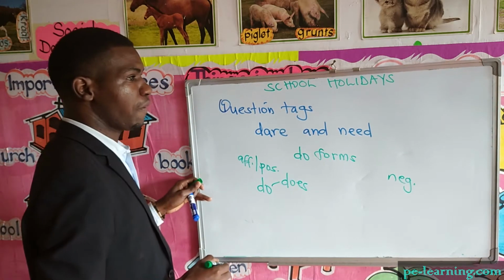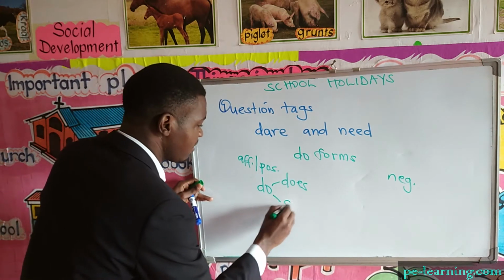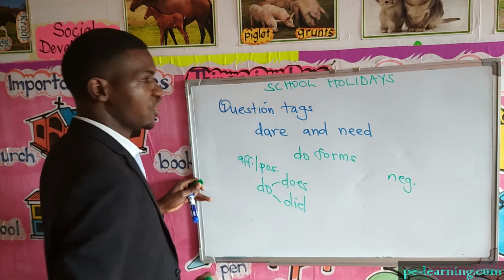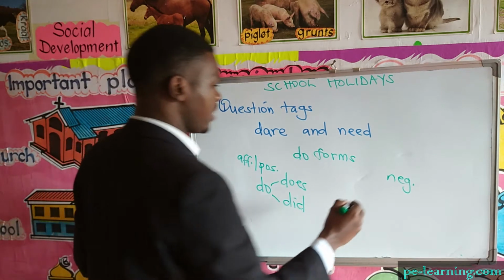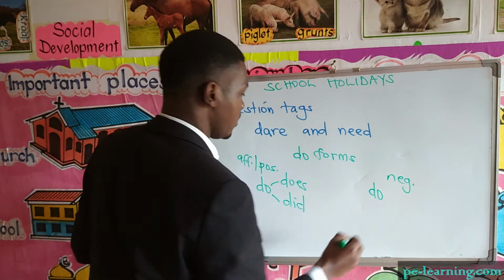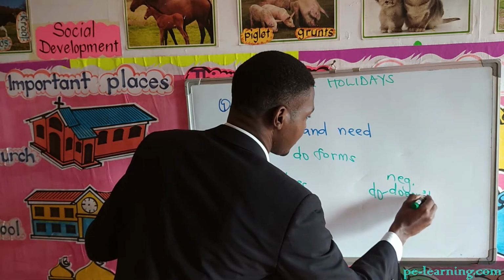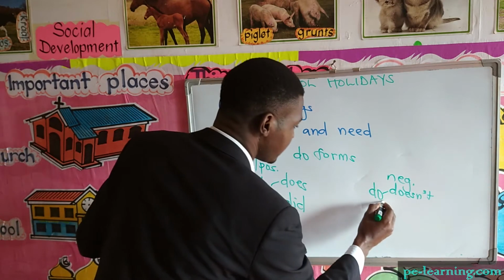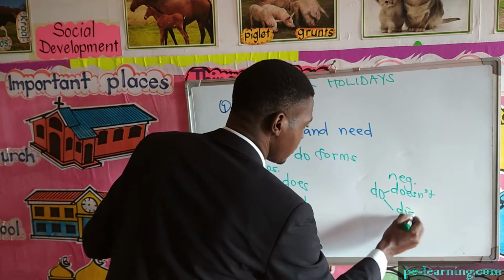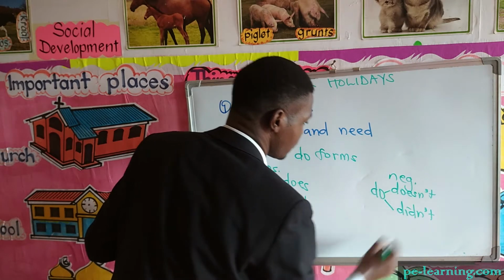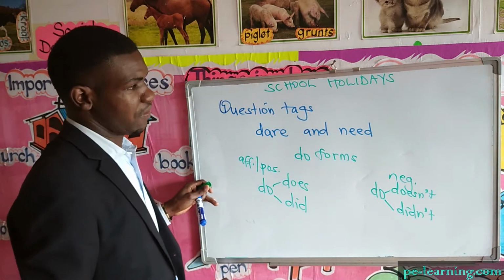It can change to does. Still, it can change to did. And then the negative, you have the do, it can change to doesn't, contraction, and then it can change to didn't, which is also a contraction.